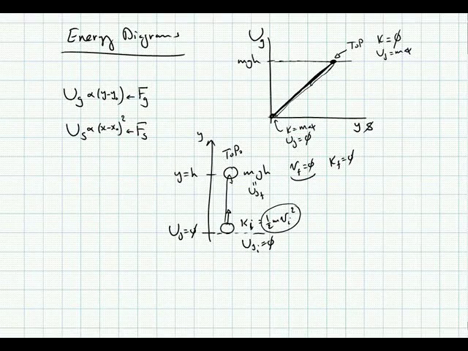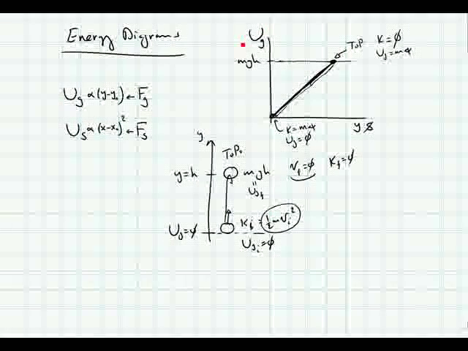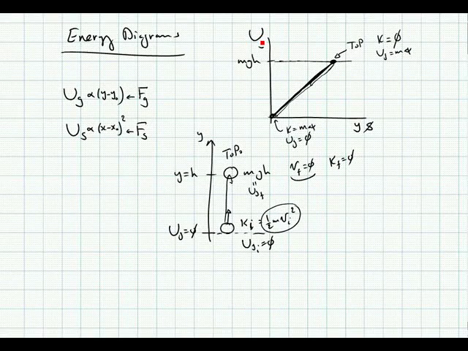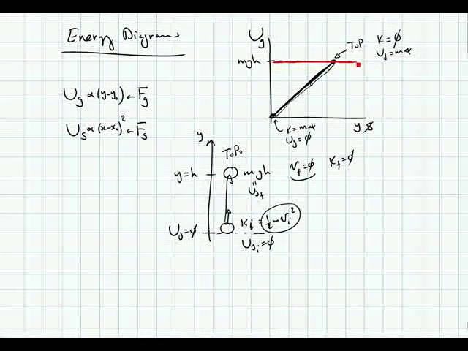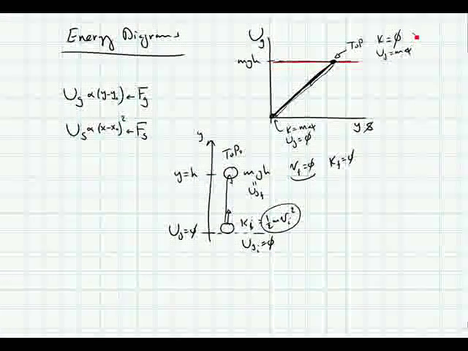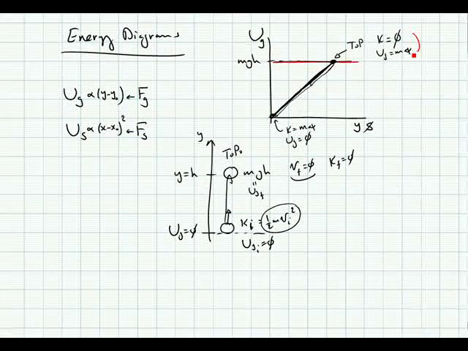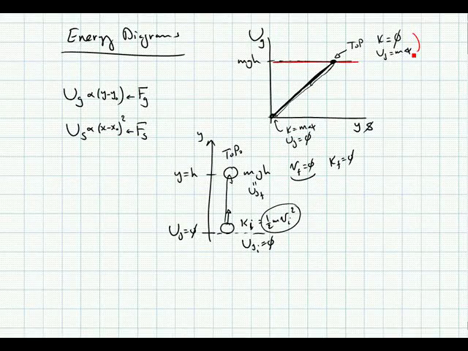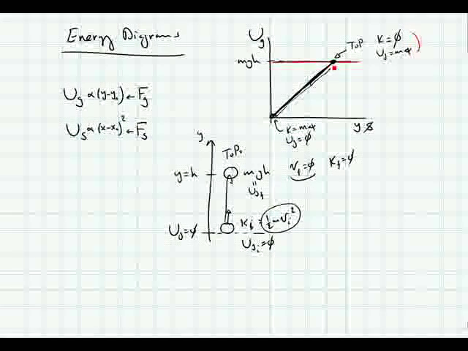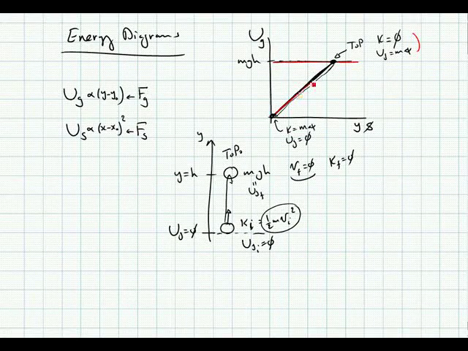So in a plot of potential energy versus position, you notice that there is a maximum level for energy. That's the sum of the kinetic and gravitational potential energies, and where the object's potential energy line crosses the maximum energy level is our turning point.